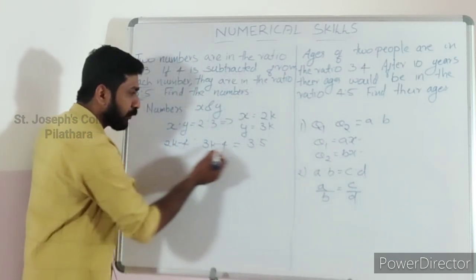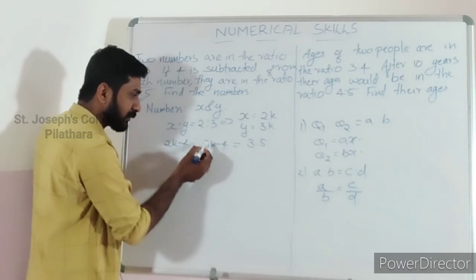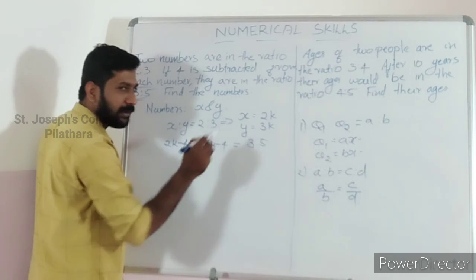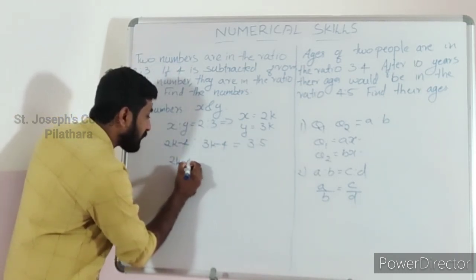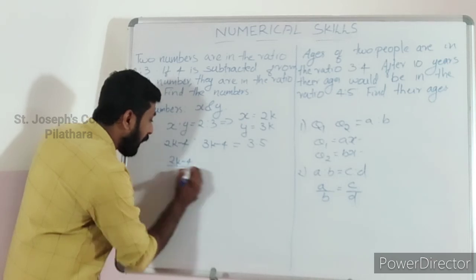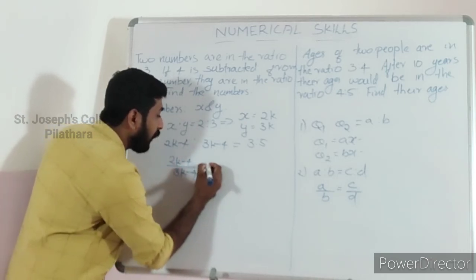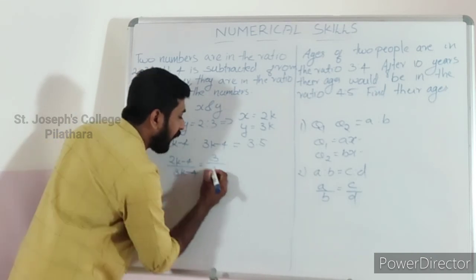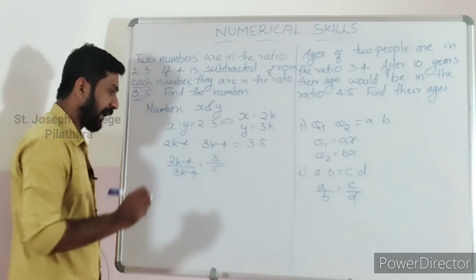Like that, here two ratios are equal, so we can take (2K minus 4)/(3K minus 4) equal to 3/5. We can multiply it diagonally for finding K.